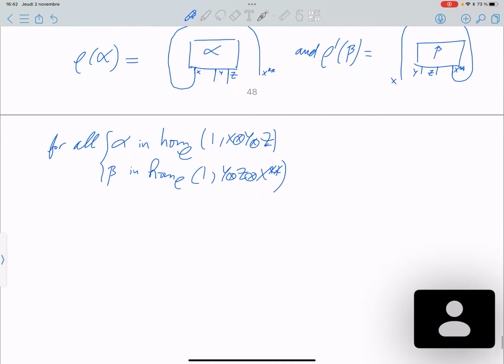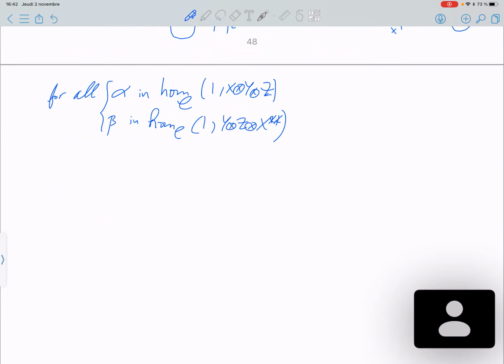We will define two others, but that will require the existence of a pivotal structure.